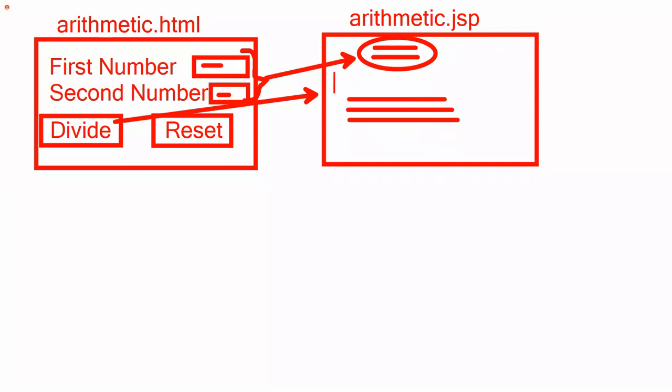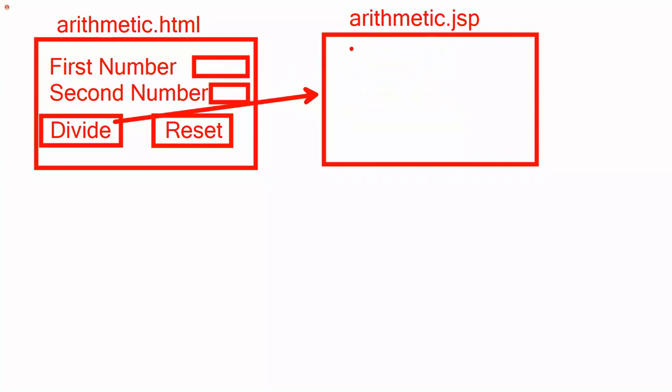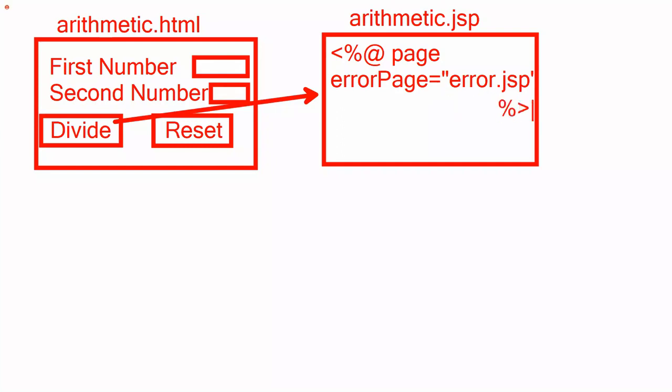Here, what we'll do is you'll write at page. Here you'll write page error page equal to error.jsp. You'll write. What you will do is whatever you enter received.